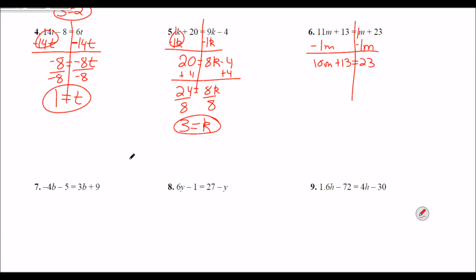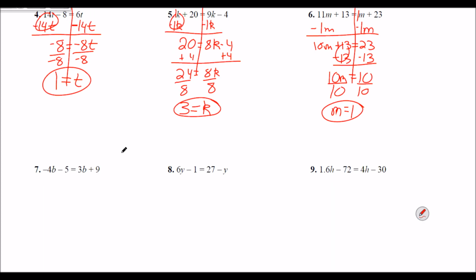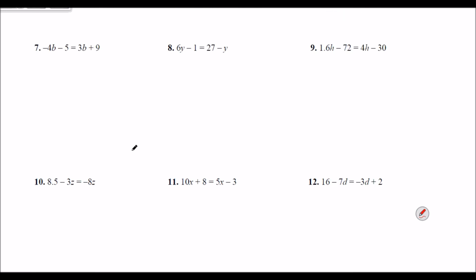The left side has our variable, so I need to get rid of the addition first by using subtraction. 10m is equal to 10, and then I need to divide each side by 10 to get a final answer of 1. All right? Again, I'm trying to go through these as quickly as possible, so please feel free to pause the video if you need to check those out, or to go back and work through these.